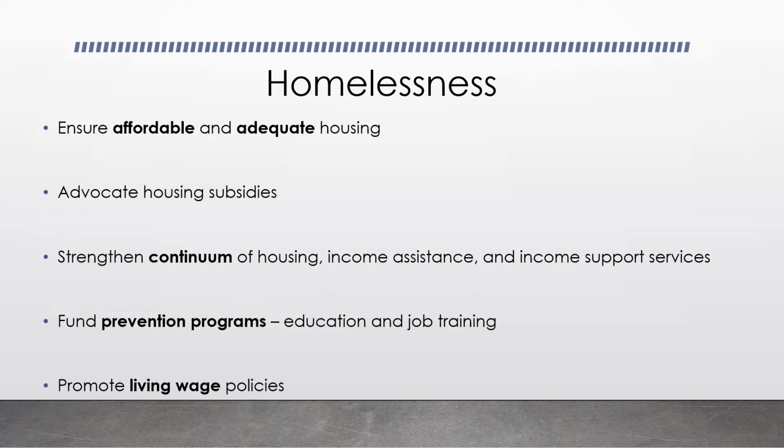So often, as we talked about way back in the earlier modules, systems are fragmented. And without a continuum or a holistic framework for helping individuals access not only housing but income assistance, as well as such things as employment opportunities, without all of these aspects being integrated, it's very easy for people to fall through the cracks.